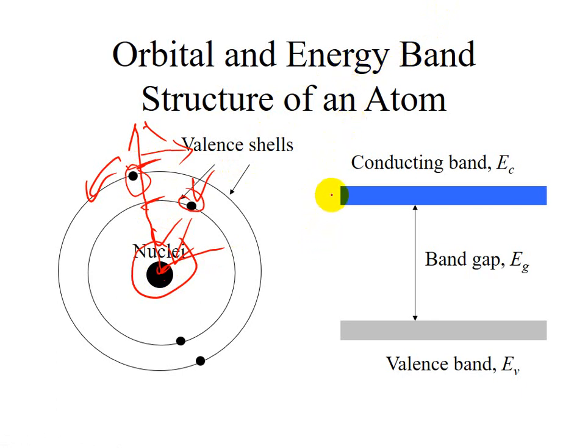According to the Pauli exclusion principle, an orbital is occupied by no more than 2 electrons, and those 2 electrons have different spin directions: up spin and down spin.